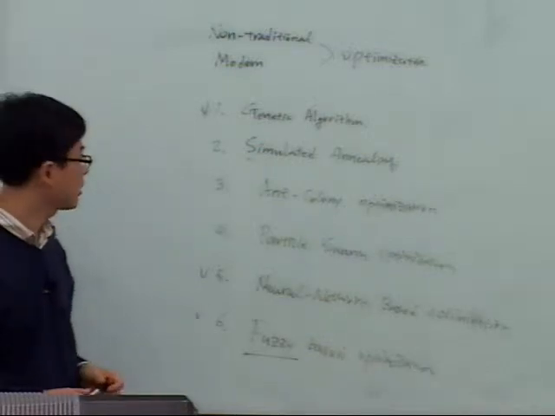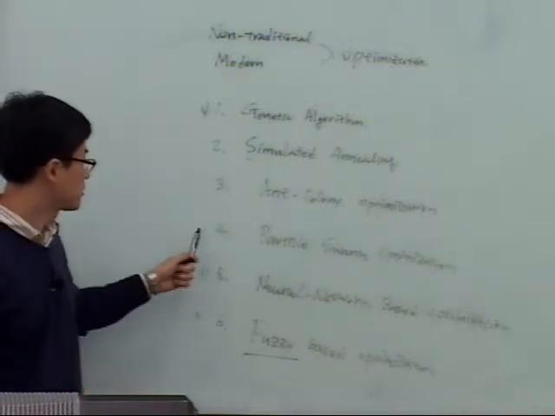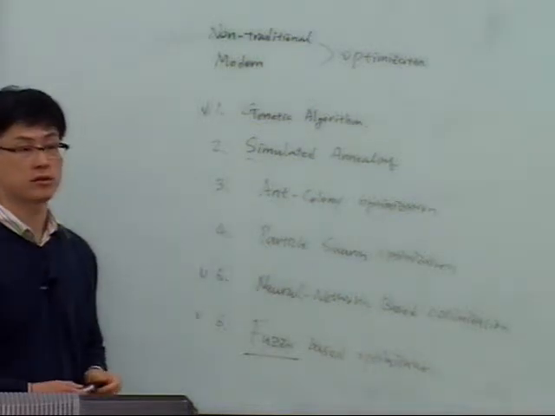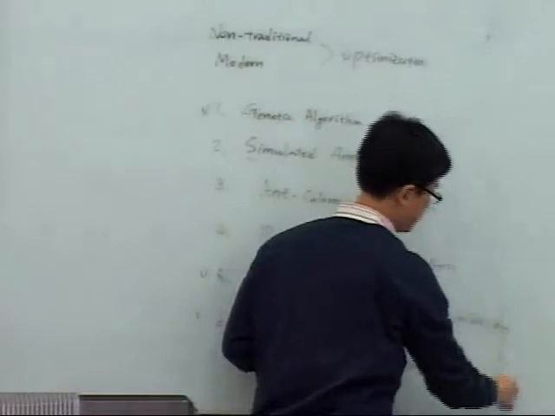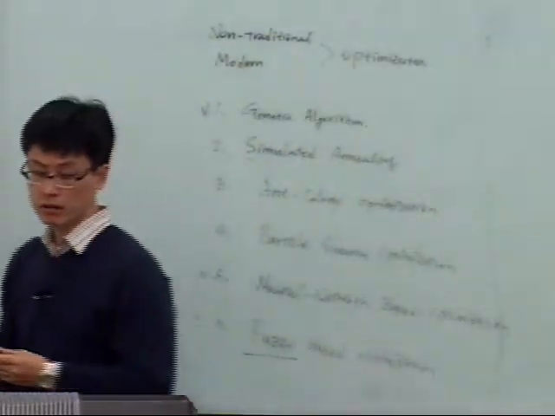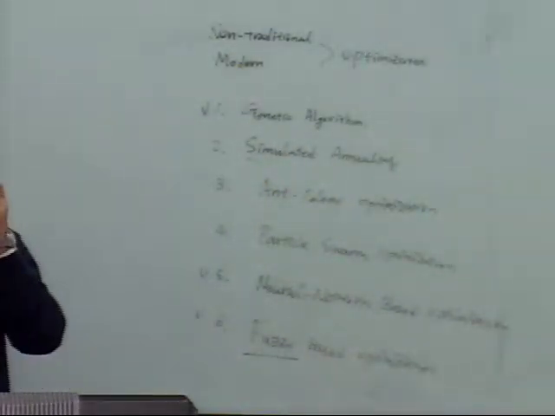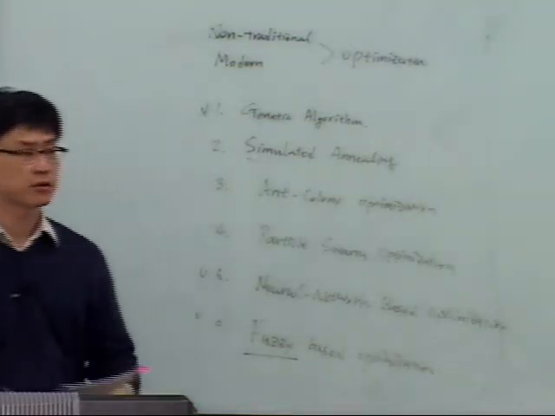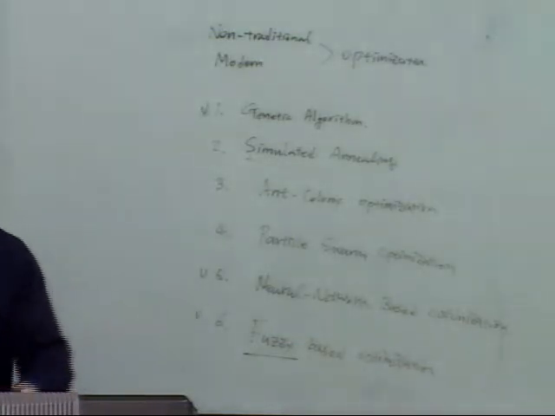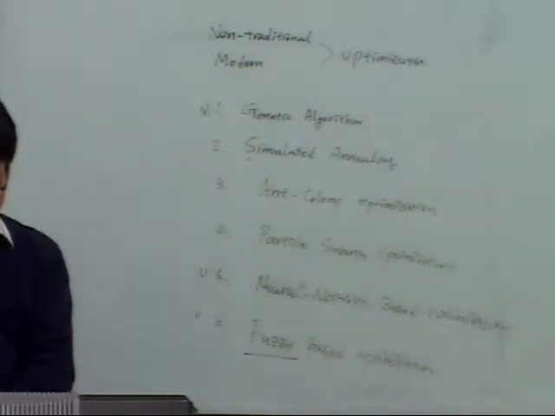And if we have some time, I will do particle swarm optimization. Okay? Now let's talk about the genetic algorithm. Okay. It is written in your lecture note, which will be distributed right after this class.